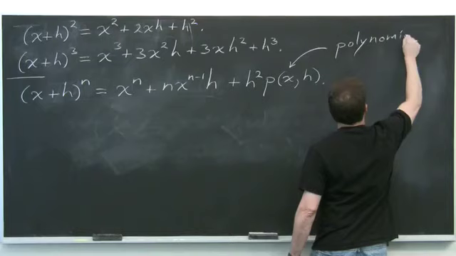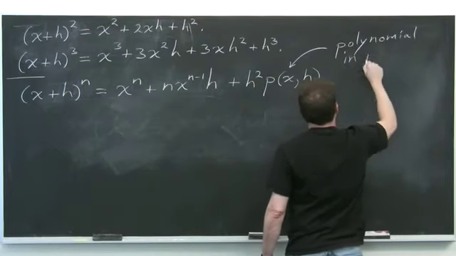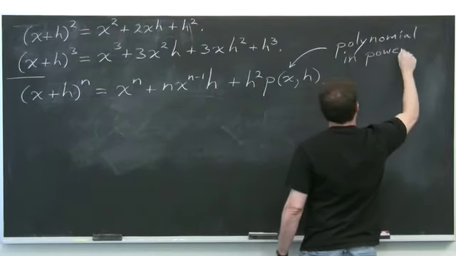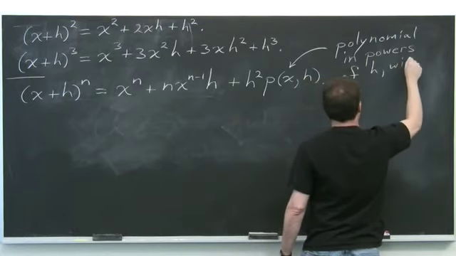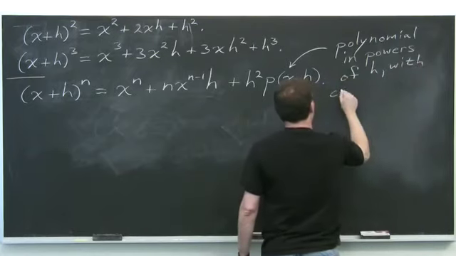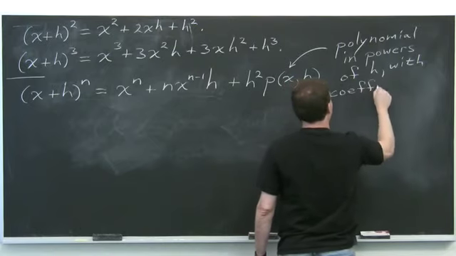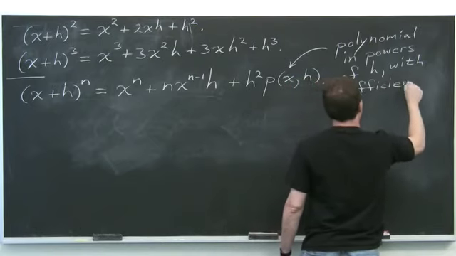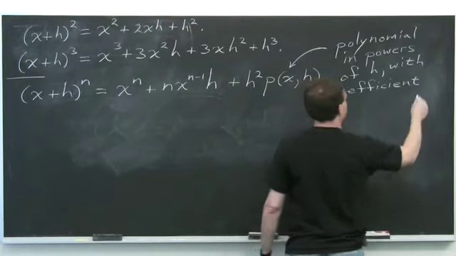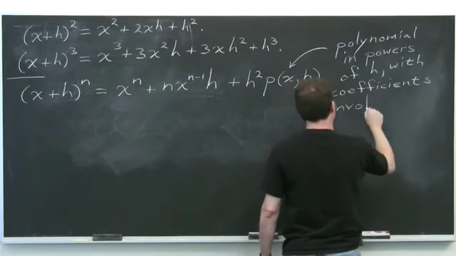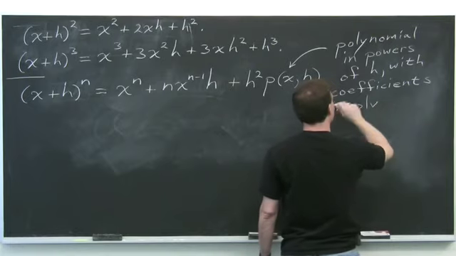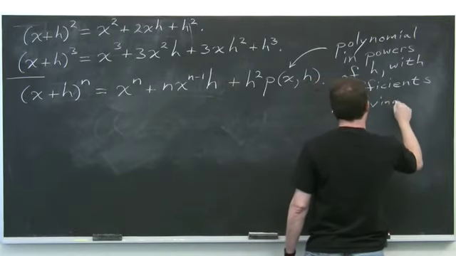in powers of h with coefficients involving x. Of course, we could think of it the other way, as a polynomial in x whose coefficients involve h, but that's not how I want to think of it for what we're about to do, with coefficients involving x.